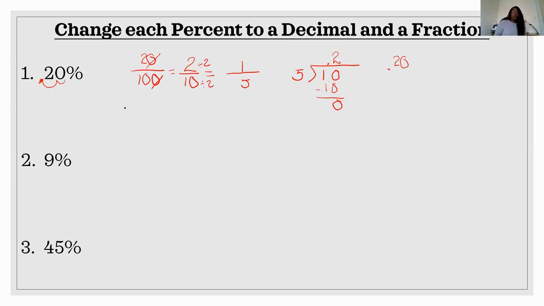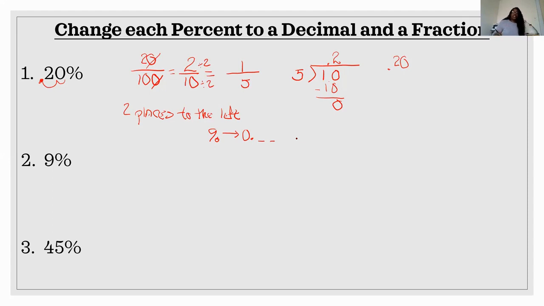So if I start where the percent sign is and move it 2 places to the left, it will take me to my decimal. If I want to see it as a fraction, take your number and put it over 100 and then simplify.